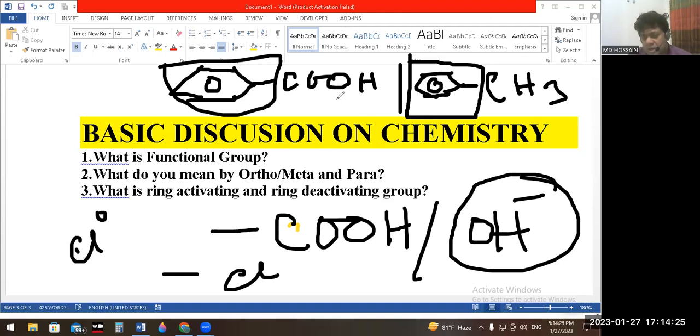So the chemical behavior of this portion and of this one are the same. But what is the difference? The difference depends only on the presence of the carboxylic group in this one and the methyl group in this one.